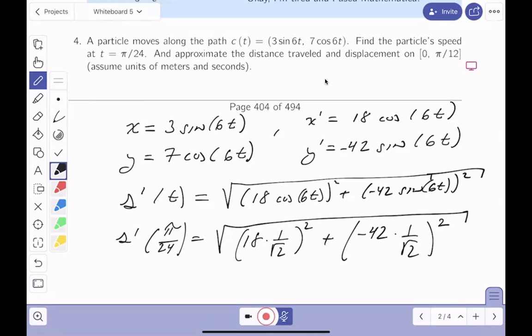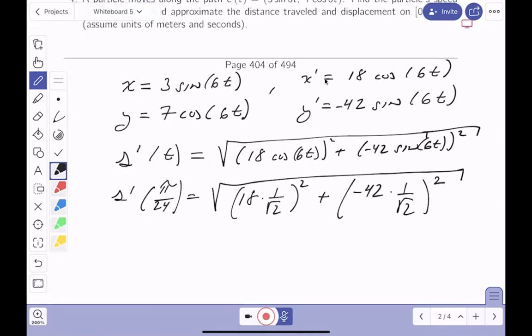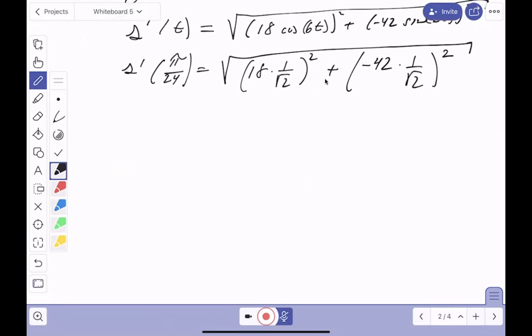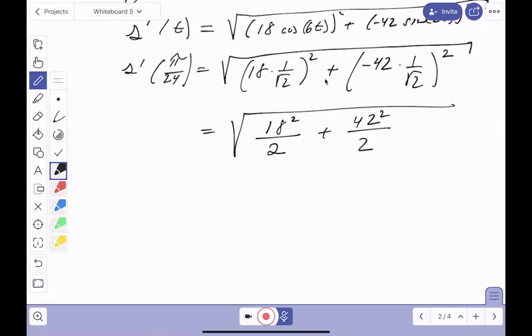All right. I don't know if I want to do that arithmetic, to be honest with you. Let's go through it. 18 squared over 2 plus 42 squared over 2. I hate to do this to you, but I'm going to try to do it.